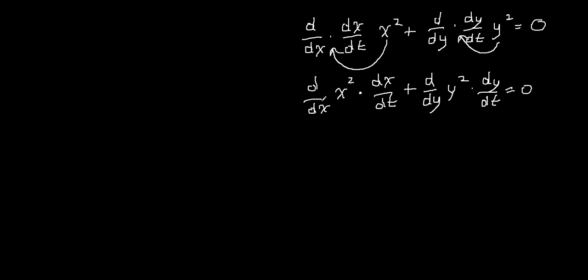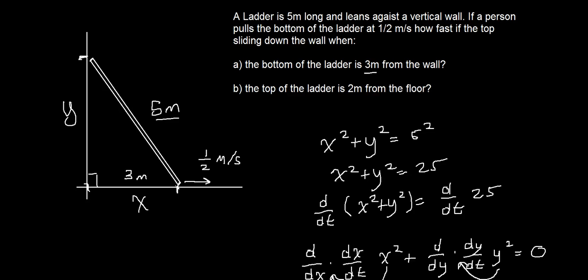Now what's the derivative of x squared with respect to x? Well, you can use the power rule, and that's going to be 2x times dx over dt, plus 2y dy over dt, equals 0.